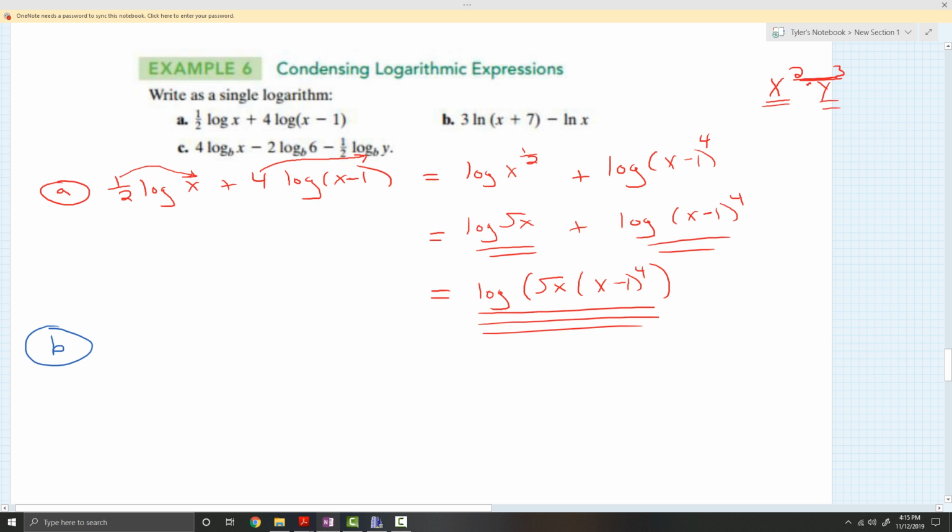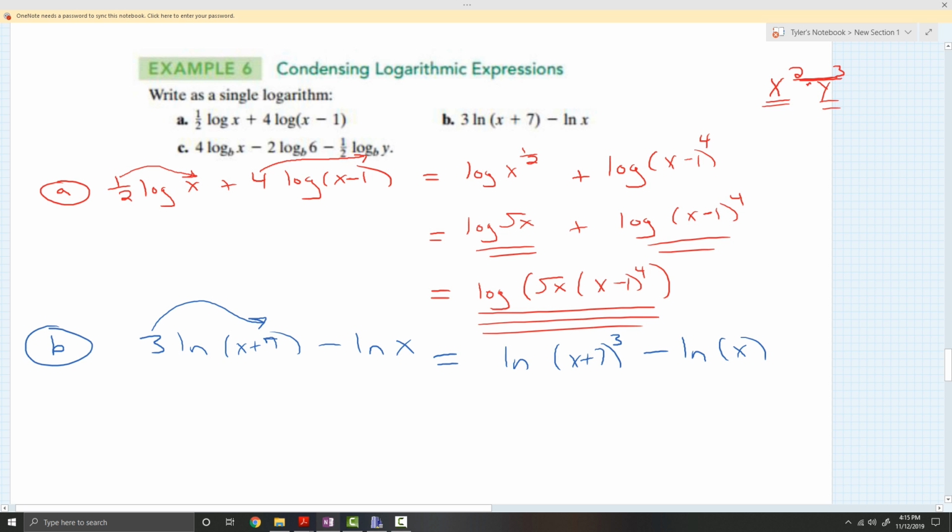So part B, we have 3 times the natural log of x plus 7 minus the natural log of x, right? So as before, I would first work with these factors and take it as an exponent first. Let's see, and this is a 7. So this would give me the natural log of x plus 7 cubed minus the natural log of x.